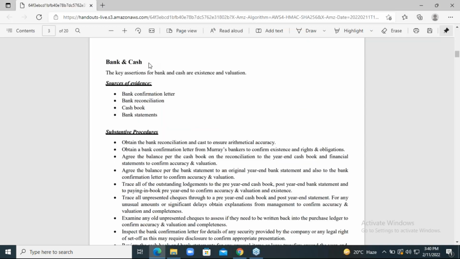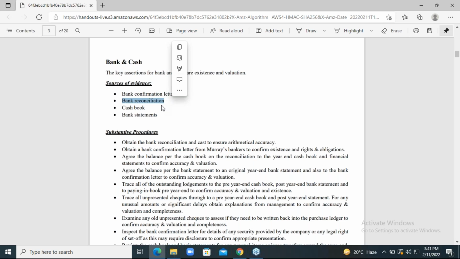So how we are going to deal with it? First of all, you should be able to identify the relevant assertion for bank and cash, and then you are going to focus on the source of evidence that are available. You can see bank statements are third-party statements. This is a reliable evidence. Cash book is an internal evidence. It could be misleading. Bank reconciliation is performed by the organization, and this is a very important stage and step.